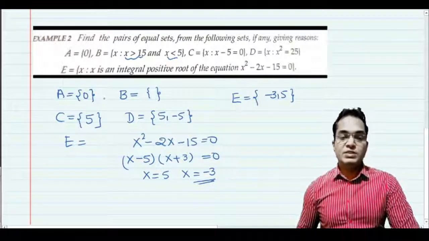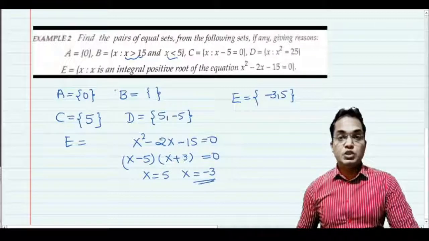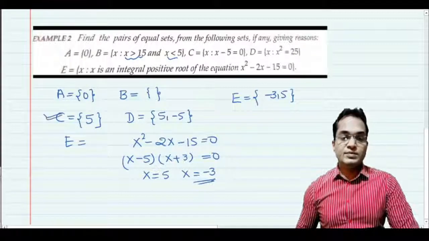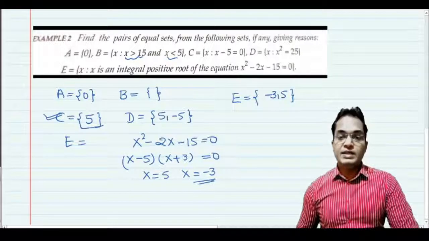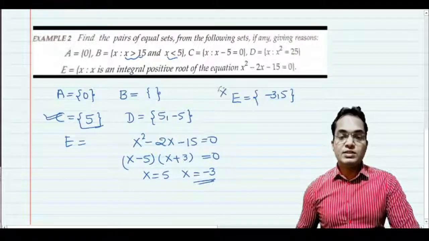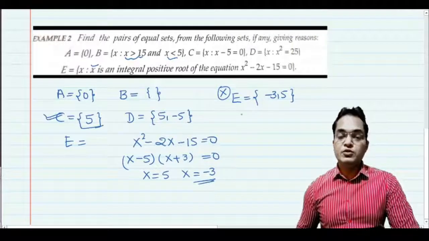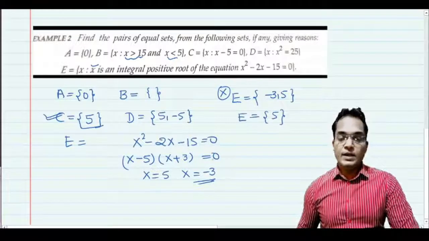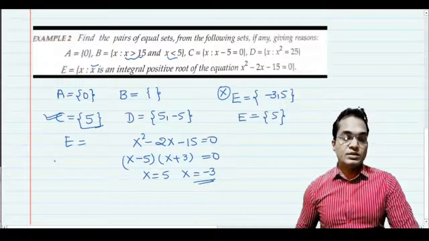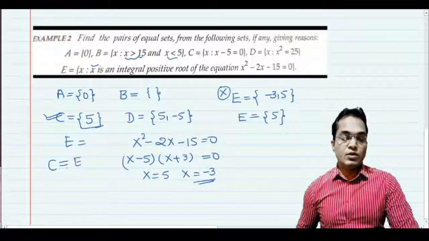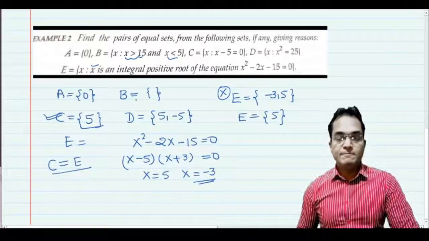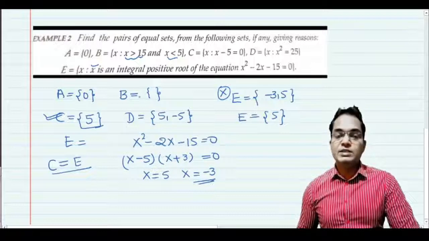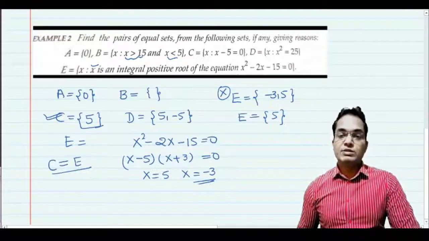Pair of equal sets means the elements are totally equal. Set C has 5 as an element. E is not {minus 3, 5}, because it says x is an integral positive root, means the set E is only {5}. That's why in this example C equals E, because both are singleton sets, they have only one element and the element is 5. Got it? The question is solved.